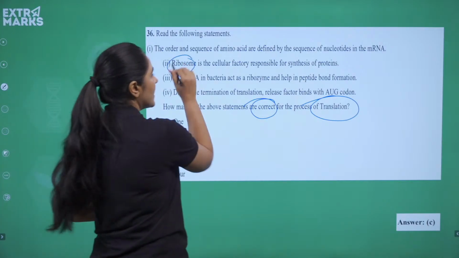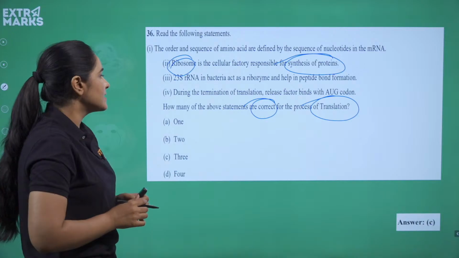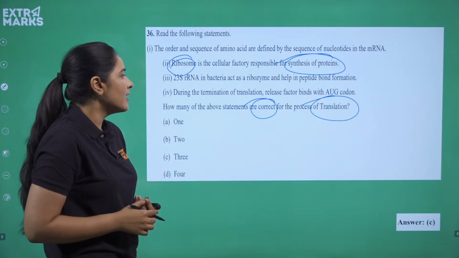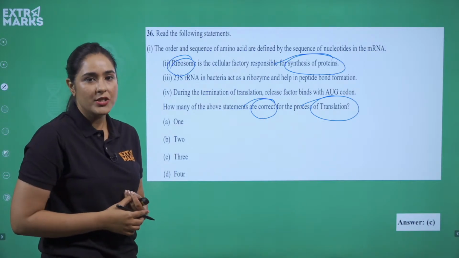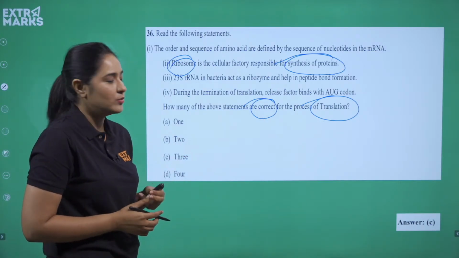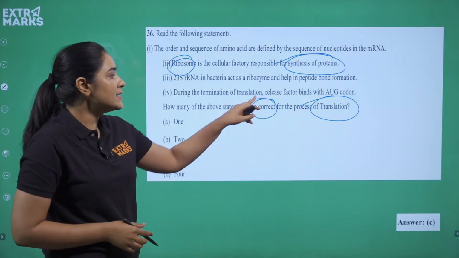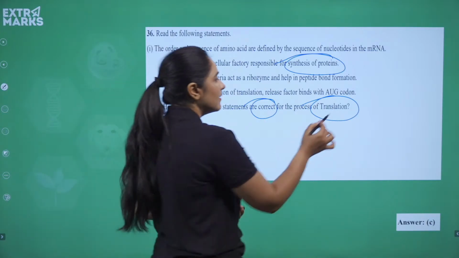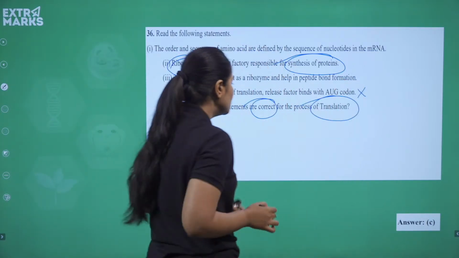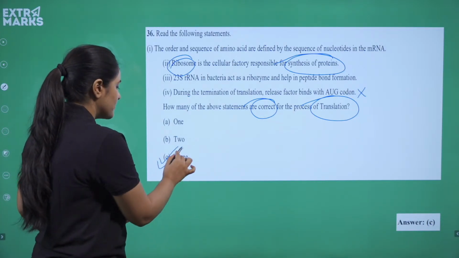This is also correct. 23S ribosomal RNA in bacteria acts as a ribozyme and helps in peptide bond formation. This is also correct with respect to translation here. During the termination of translation, release factor binds with AUG codon. This is incorrect here. So how many of the statements are correct? Obviously here 3. Option C is correct.